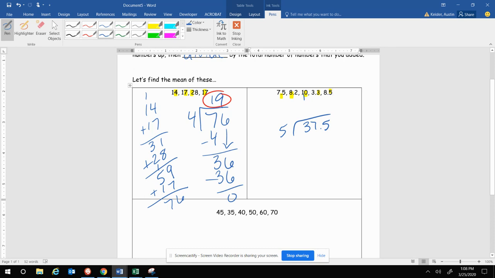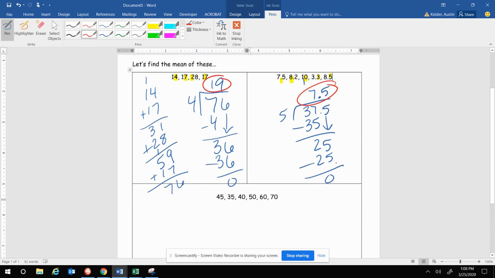So I know 5 goes into 37 7 times, which is 35. I'm going to bring my decimal straight up and bring down my 5, and 5 goes into 25 5 times, which is 25.